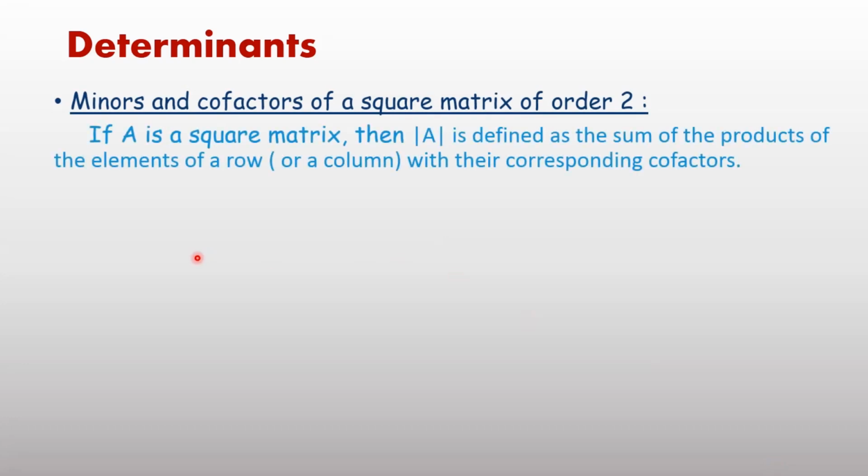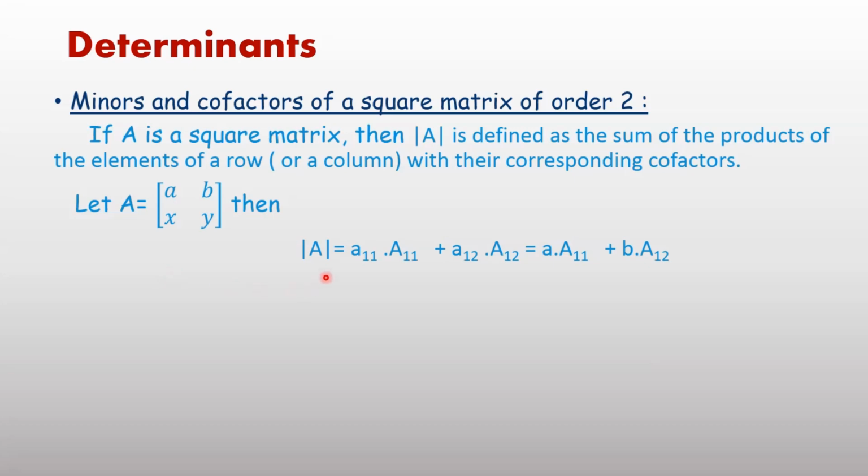Now, using minors and cofactors, we can also find the value of a determinant. The value of the determinant you can write as a11 into A11 plus a12 into A12. You select any row or any column, multiply the elements with their cofactors and add them.